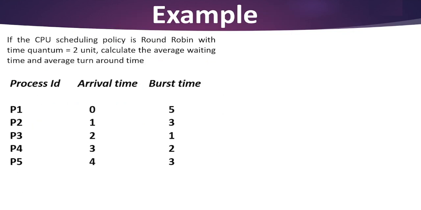Now let's move to the example. This question is from a previous year examination. Here you can see time quantum 2 unit is given. Process ID, arrival time and burst time are also given. As I have told you, the round robin scheduling algorithm does not directly focus on the burst time.